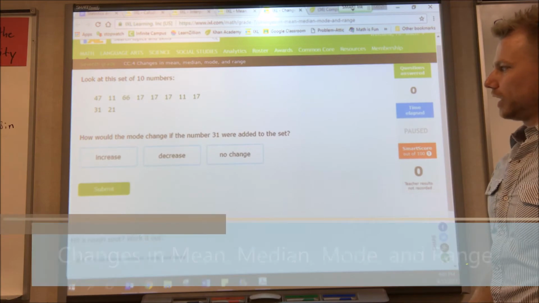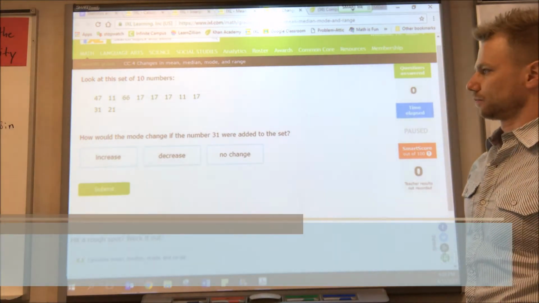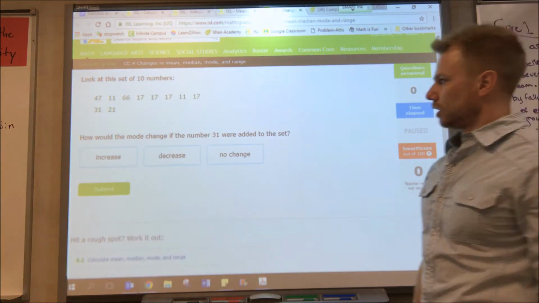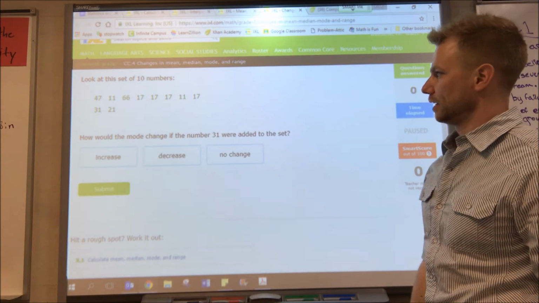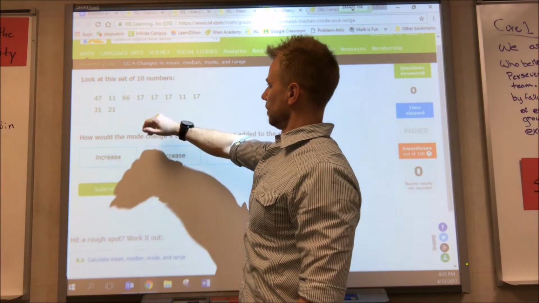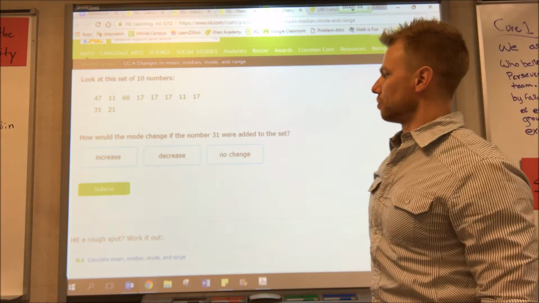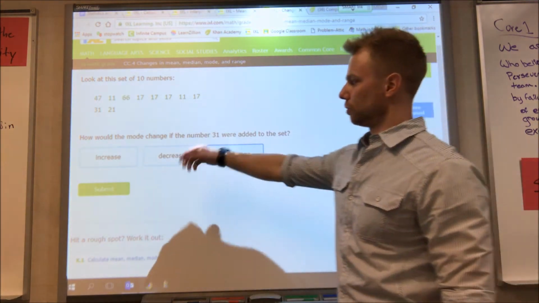Okay, how would the mode change if the number 31 were added to the set? If 31 were added to the set, 17 still appears the most, so there wouldn't be any change in the mode. It'd still be 17.